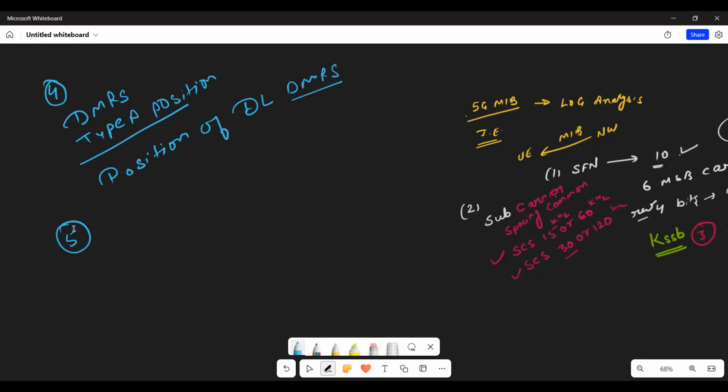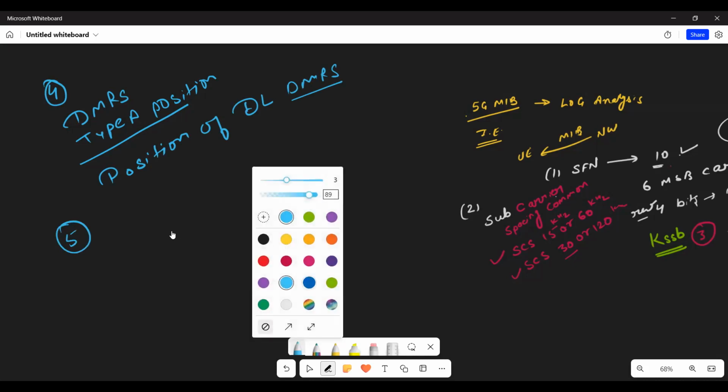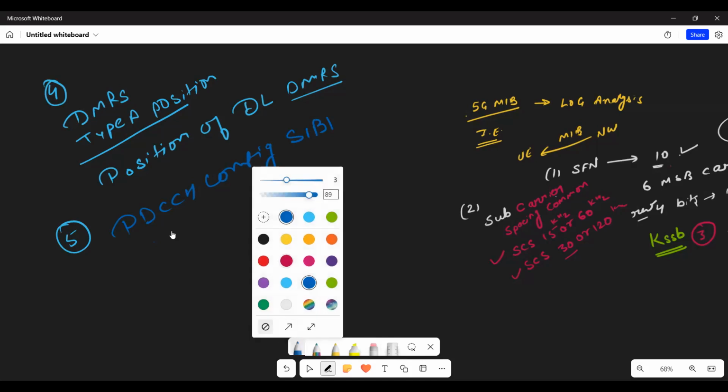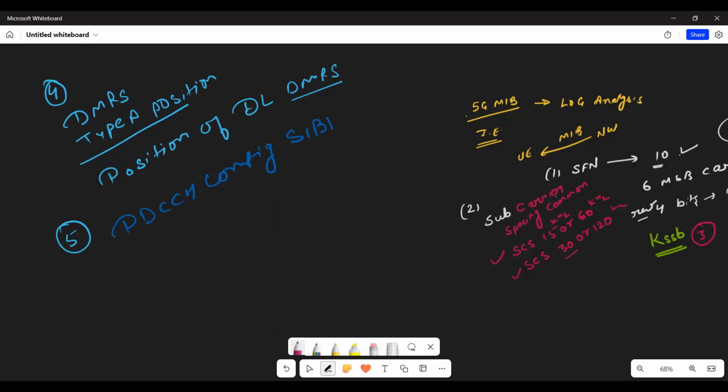Coming towards the next part, next is your PDCCH config SIB1. Now this is very important here. PDCCH config SIB1 is a total of 8 bits.